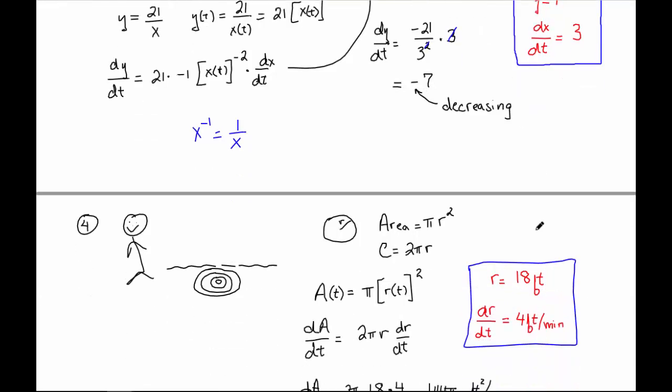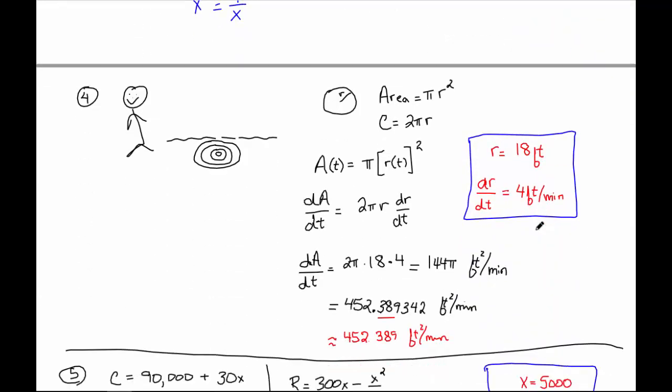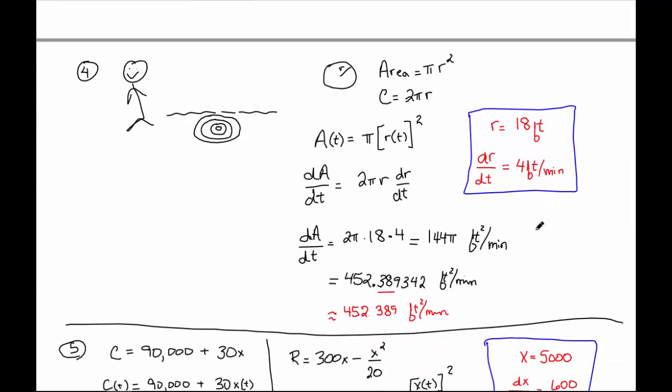All right, in question 4, you're standing by a lake or a pond, and you take a rock or a marble or a coin, and you throw it into the water.